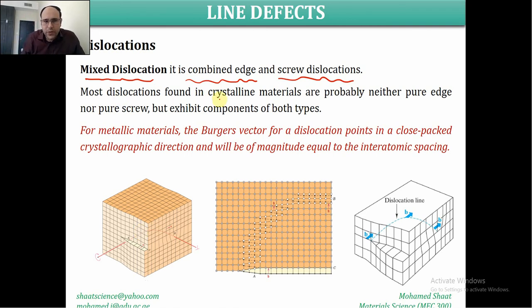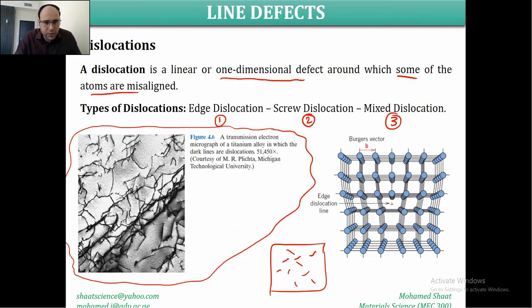Most dislocations found in crystalline materials are probably neither pure edge nor pure screw. It is hard to find a pure edge dislocation or a pure screw dislocation. In many cases, we have these combined dislocations. As we discussed here, for example, in this crystal or this grain in this TEM image, we do have so many dislocations.